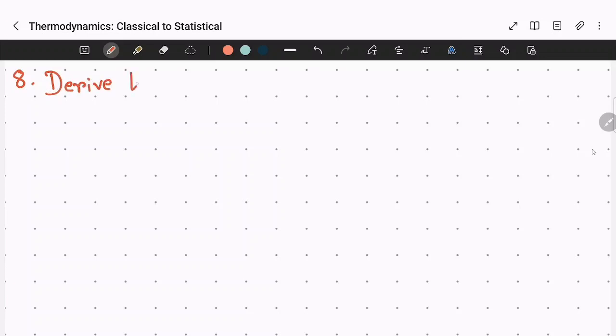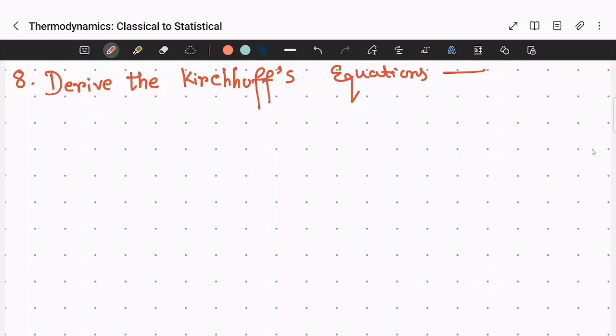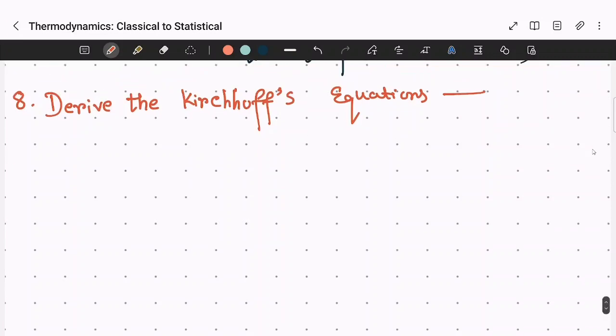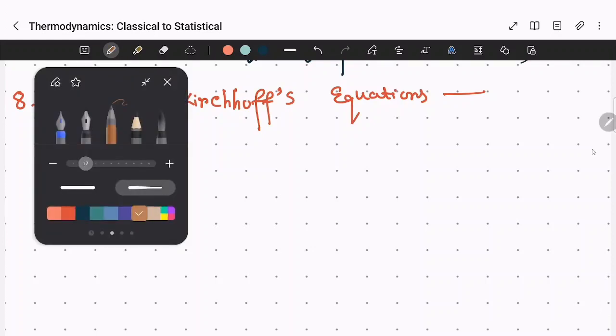Derive the Kirchhoff's equation. This is very important question again. Kirchhoff equation we have to derive. In class, Kirchhoff equations were used, but this was not derived. But this is very important relation. That's why I want to derive it here.